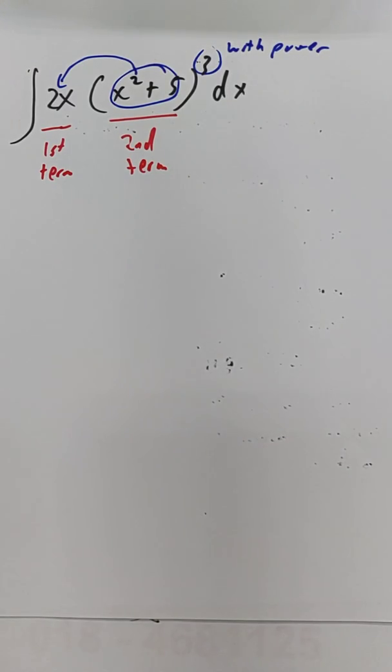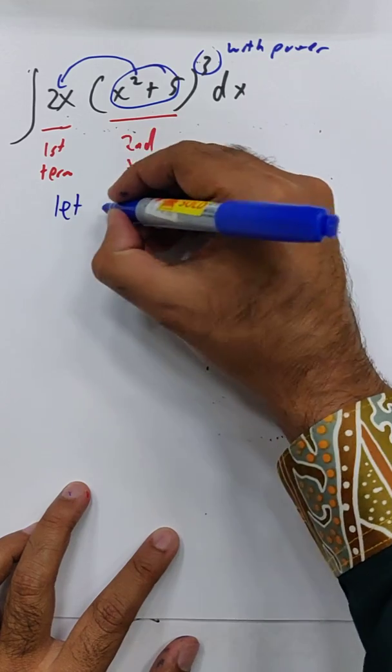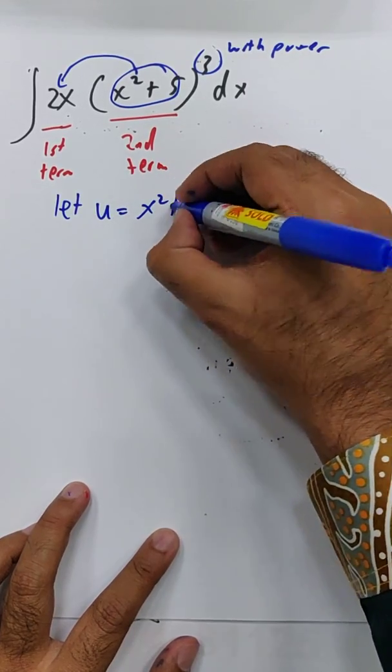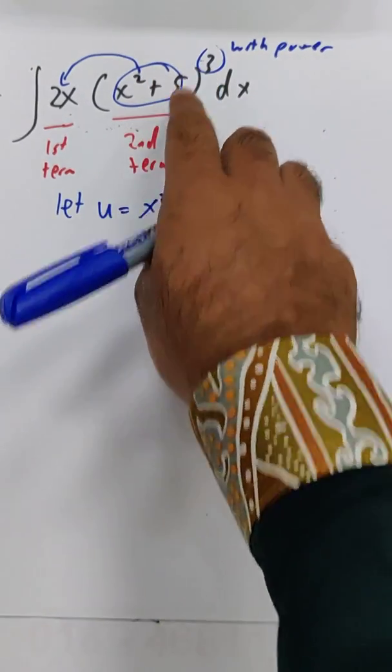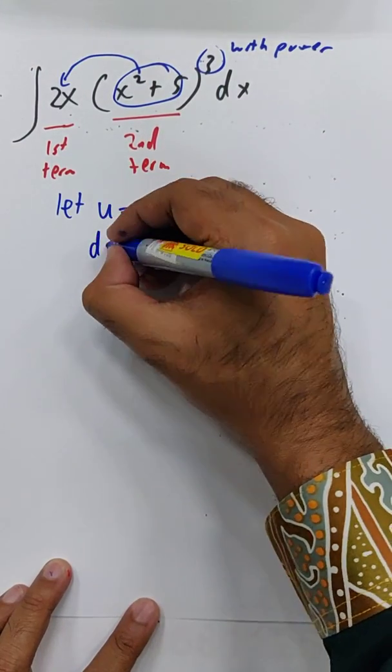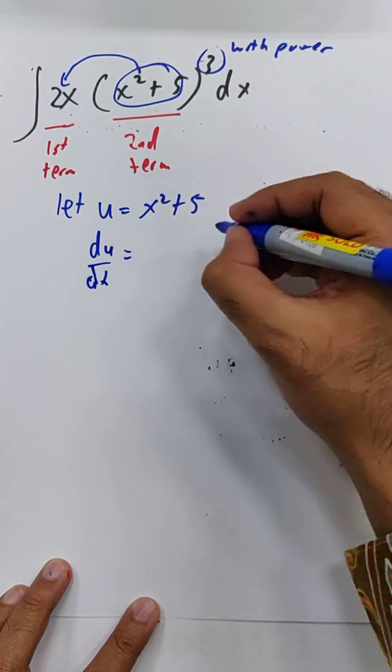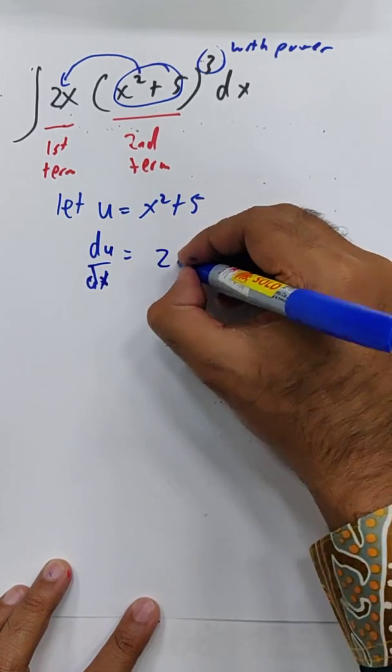Okay? So we let u equal x squared plus 5. We take the first term, the one with the power term. So now if I differentiate, du/dx, I get 2x.